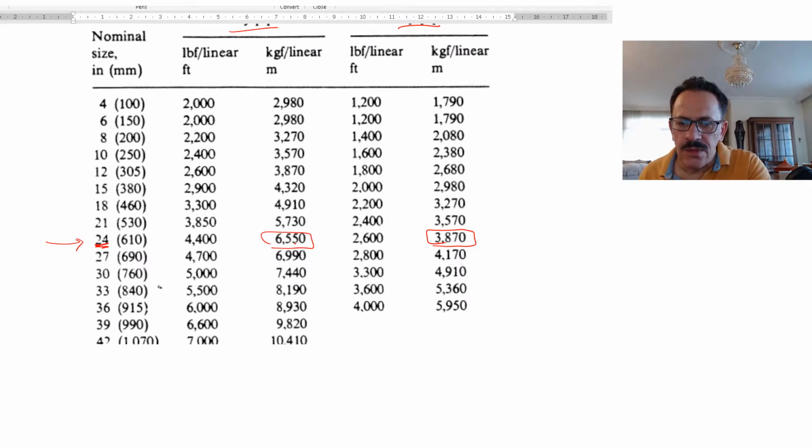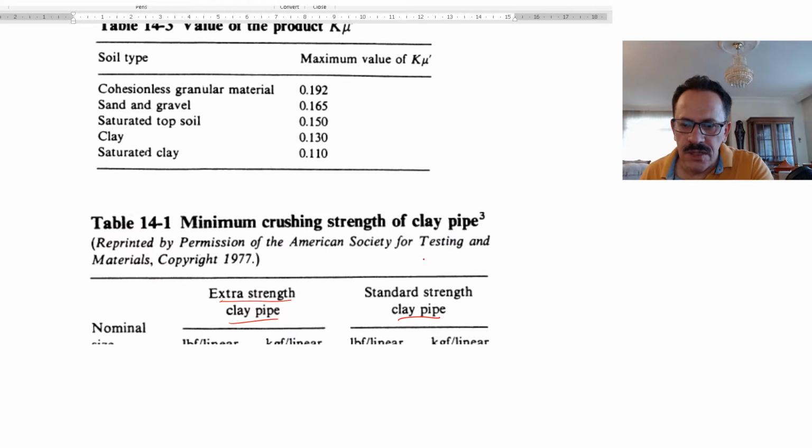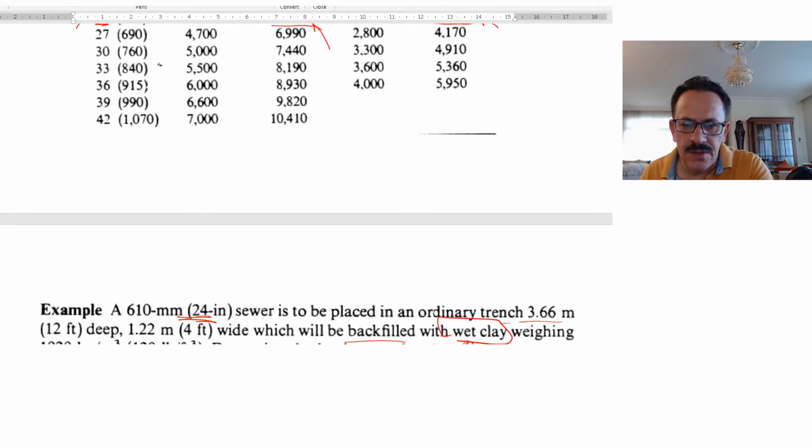So we used extra strength, so that was the crushing stress 6,550. Now if I'm using the standard strength of the clay pipe, what will happen here?